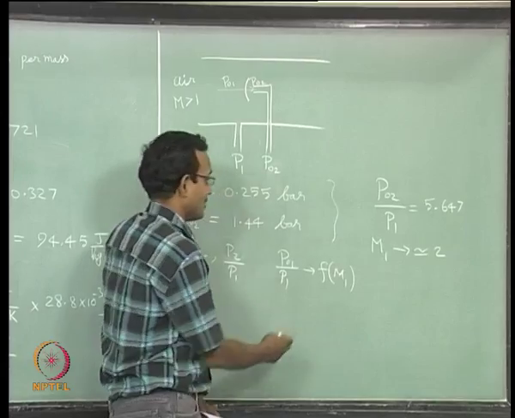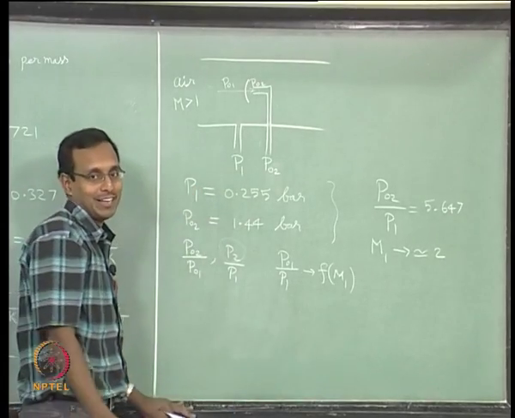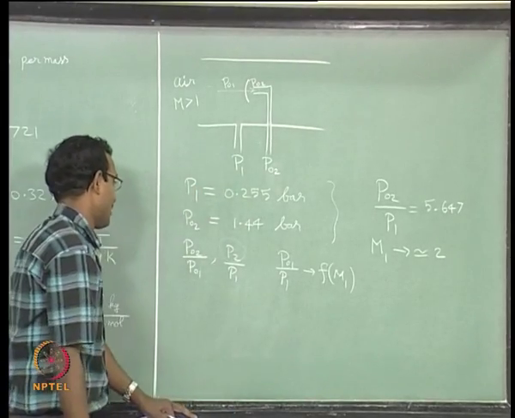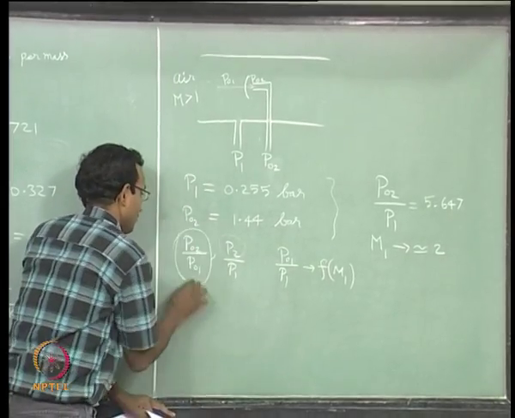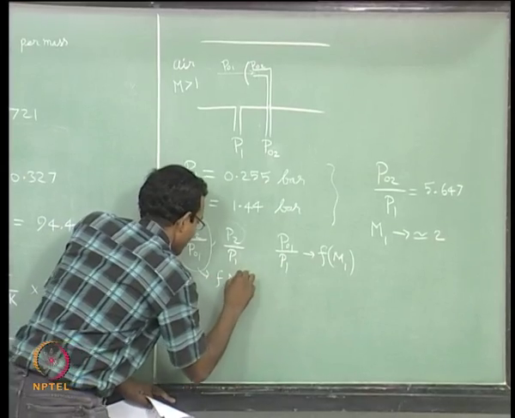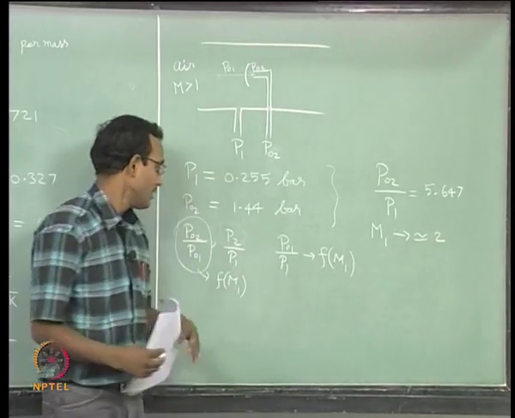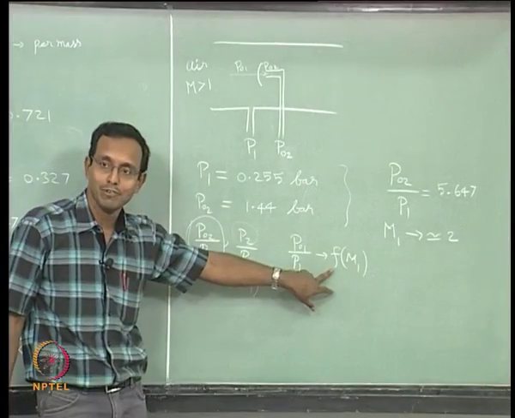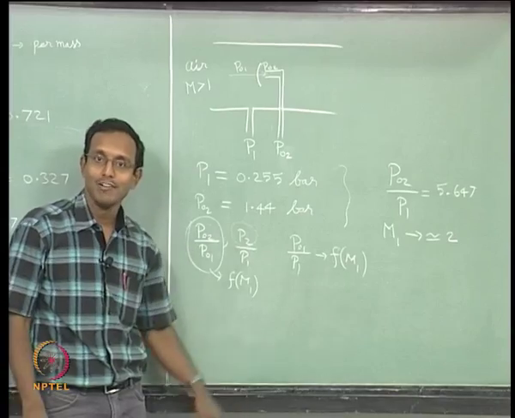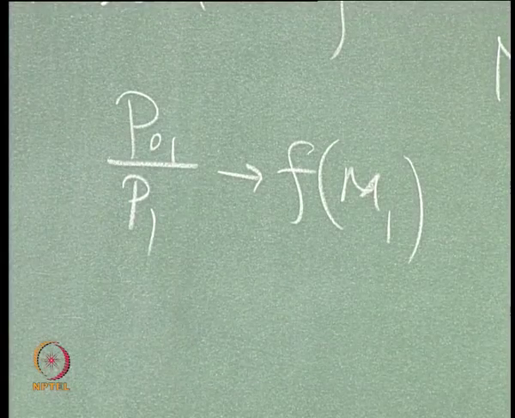Of course this is given in tables, you do not need to remember the formula if you have tables in hand. Anyways, I know this is also a function of Mach number. This is coming from normal shock tables, this is coming from isentropic flow tables. Now all I have to do is guess a Mach number.